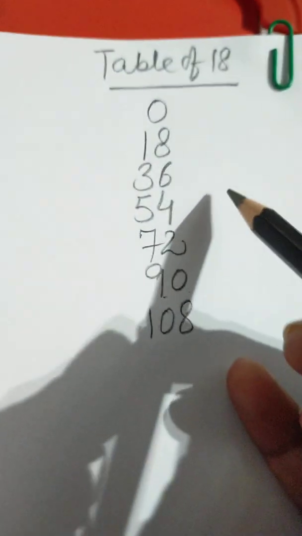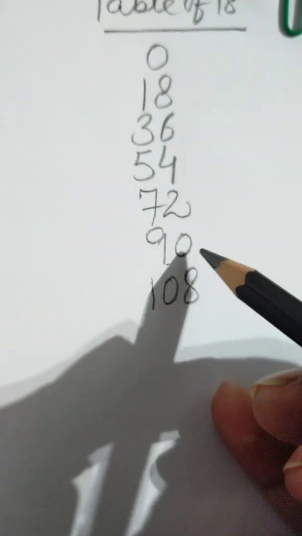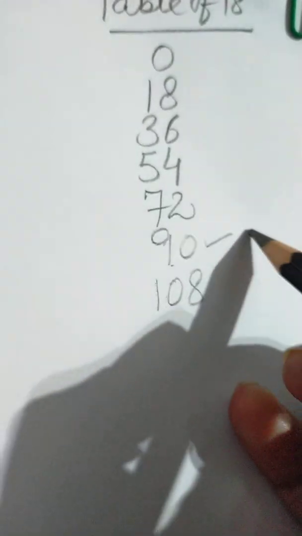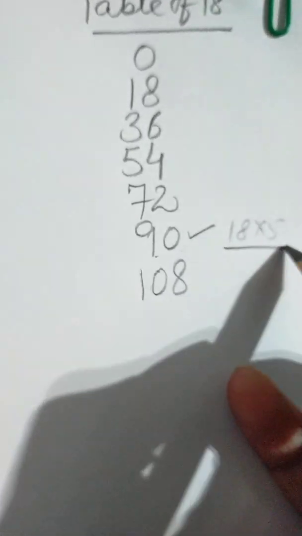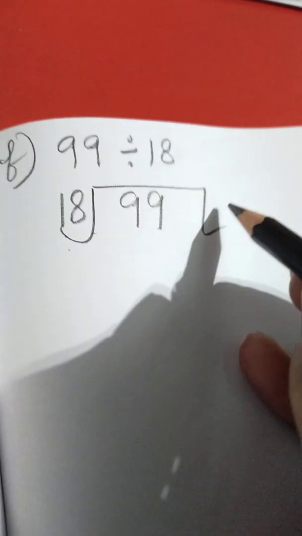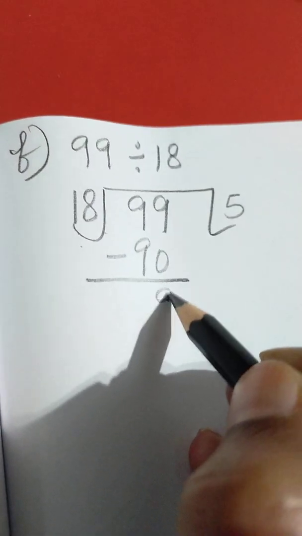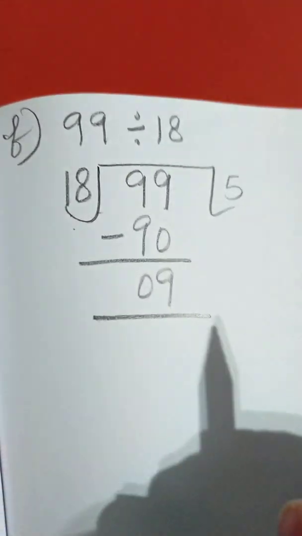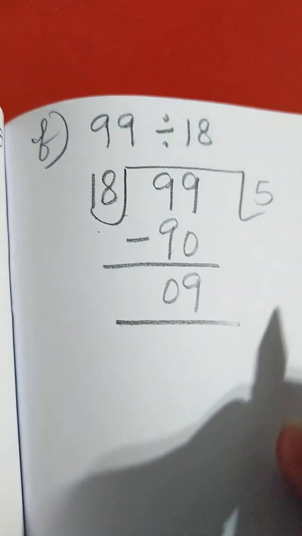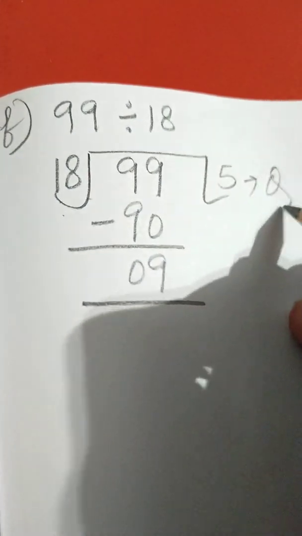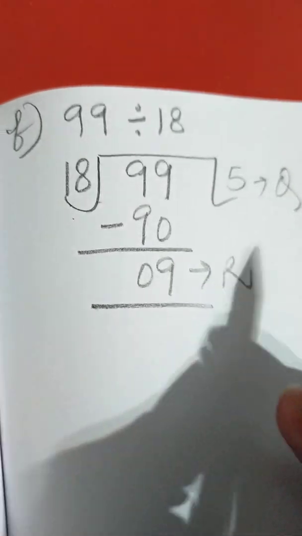From the table of 18 we will see what can be written under 99. This 90 can be written, 18 fives the 90. Now we will do subtraction. 9 minus 0 is 9. We will draw the ending line because no other digit is there. So 5 is the quotient, 9 is the remainder.